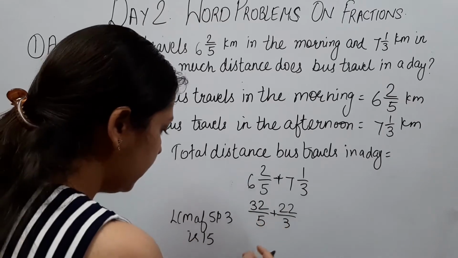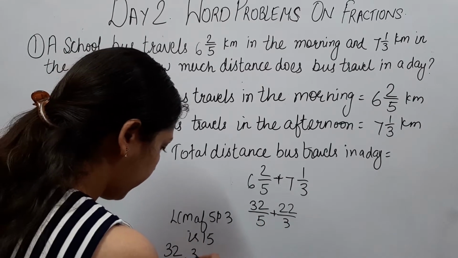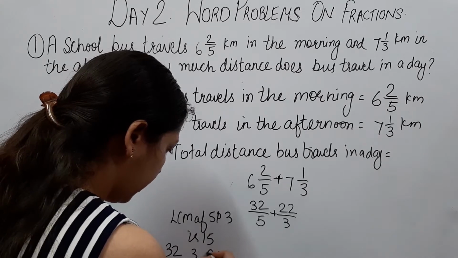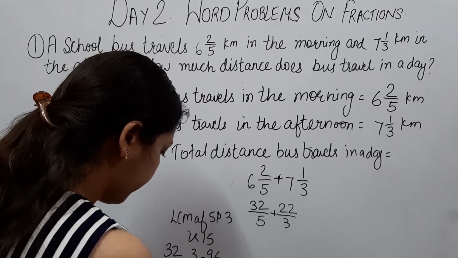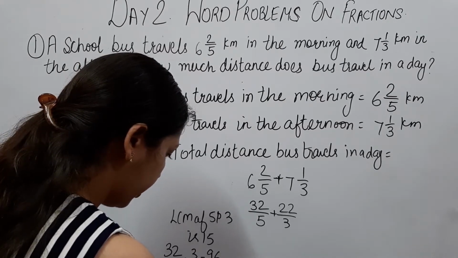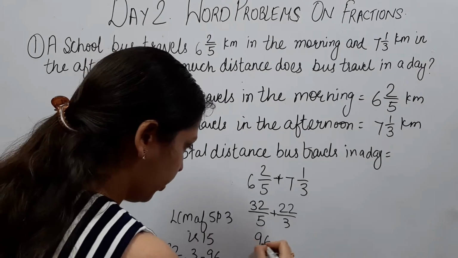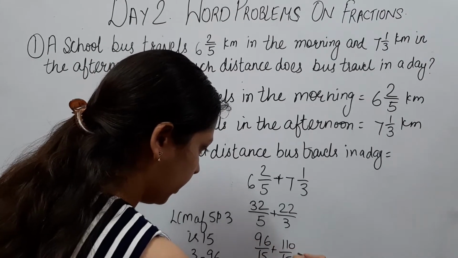Now convert these into like fractions. 96 by 15 and it becomes 110 by 15. So it's 96 by 15 plus 110 by 15.